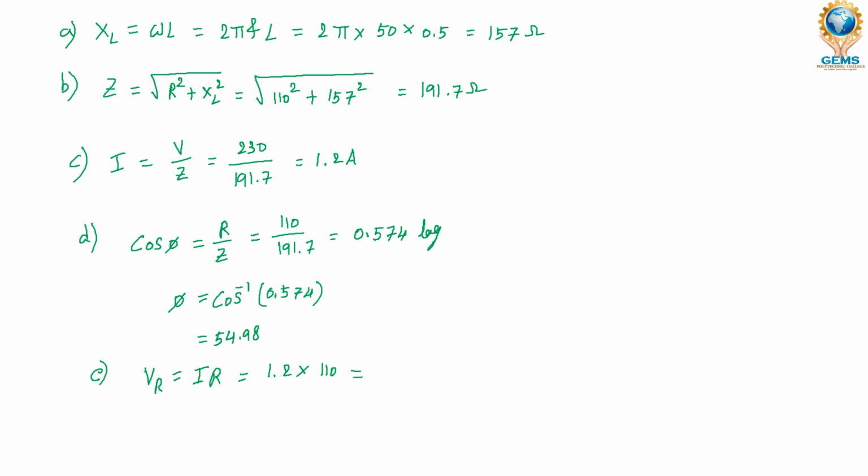We will get 132 volt. And VL equals I into XL. I is 1.2 ampere, XL value we got 157. We will get finally 188.4 volt.